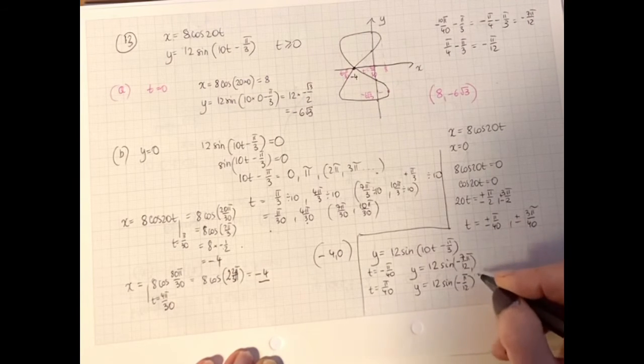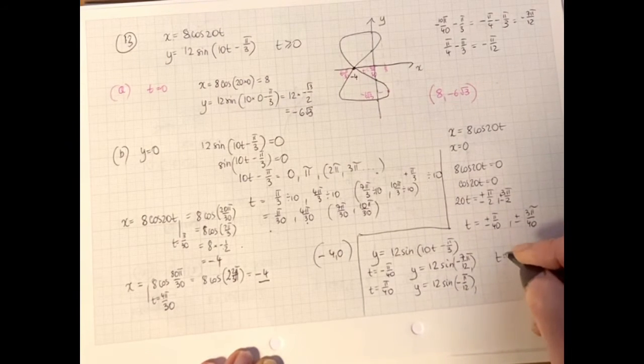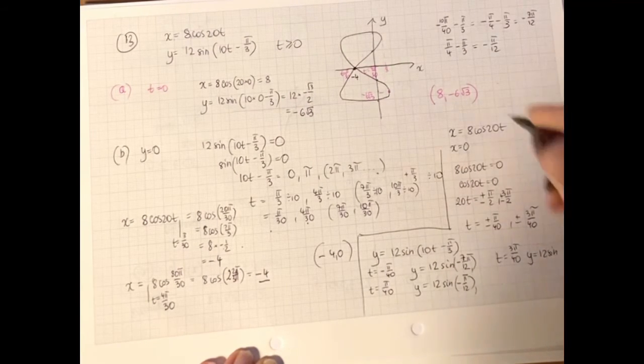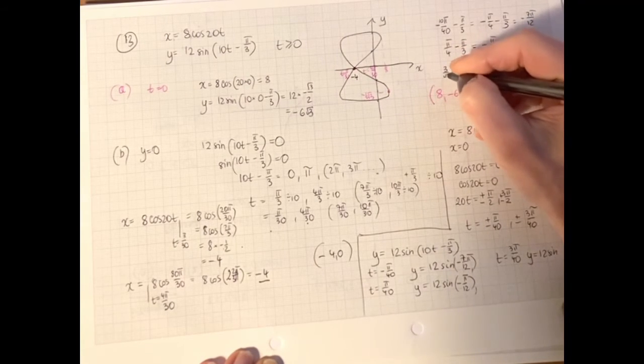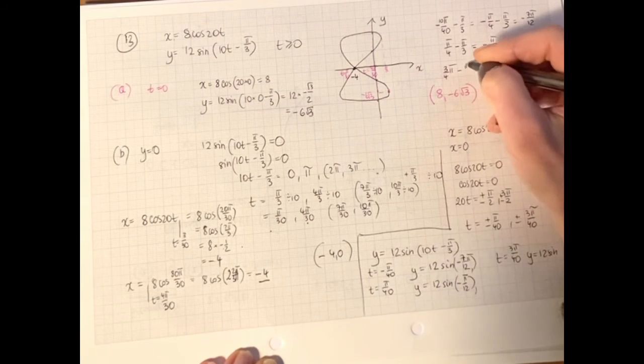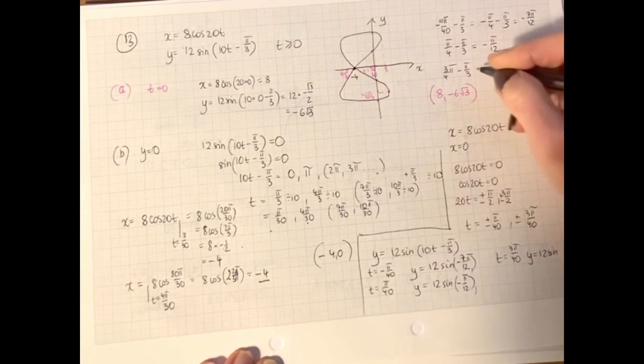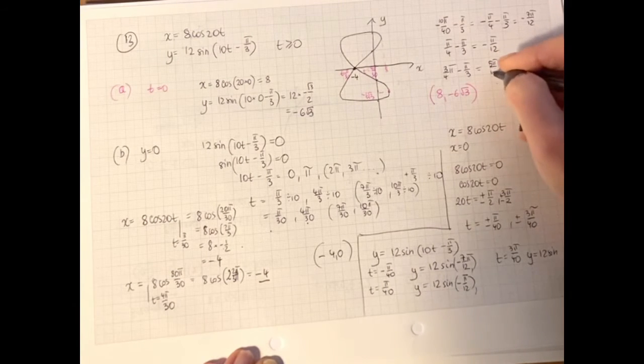Can use the calculator in a minute. When t is equal to 3 pi over 40, you're going to have y equals 12 sine. So if you put 3 pi over 40, sub it in, you'll get 3/4 of pi minus pi over 3. So that's going to be 9 minus 4, so it's 5 pi over 12.